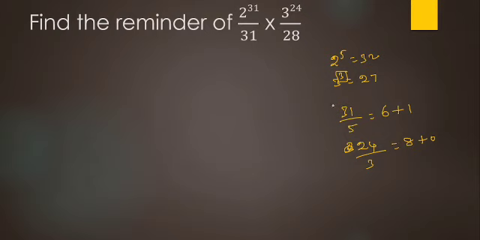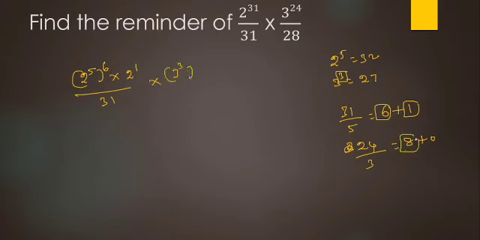Okay. So now we will just rewrite this equation. So 2 to the power of 5, the quotient is actually 6 and the remainder is 1 here. So 2 to the power of 1 divided by 31, into 3 to the power of 3 with quotient 8 here.